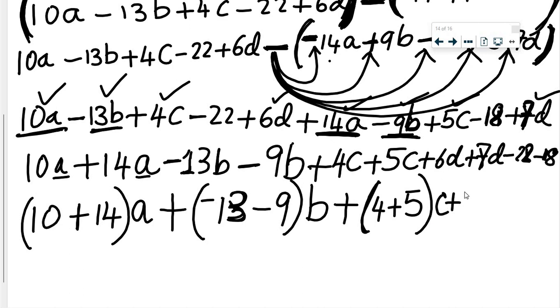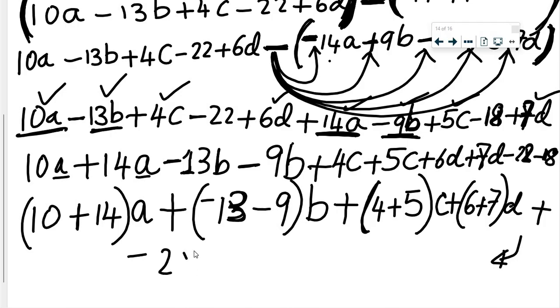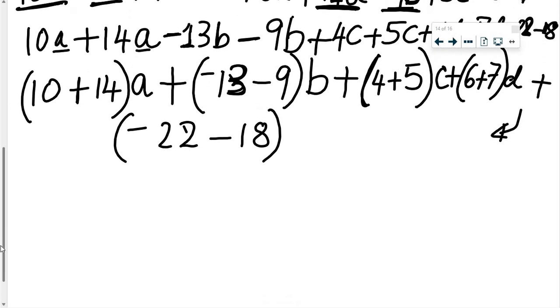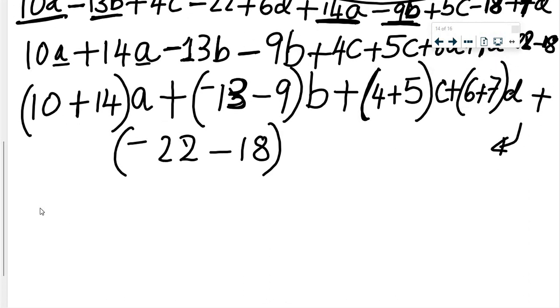Then put plus bracket 6 plus 7 bracket d. Then plus the next group will be negative 22 minus 18. You can keep this also in bracket. Then the last step will be adding 10 plus 14, 24a.